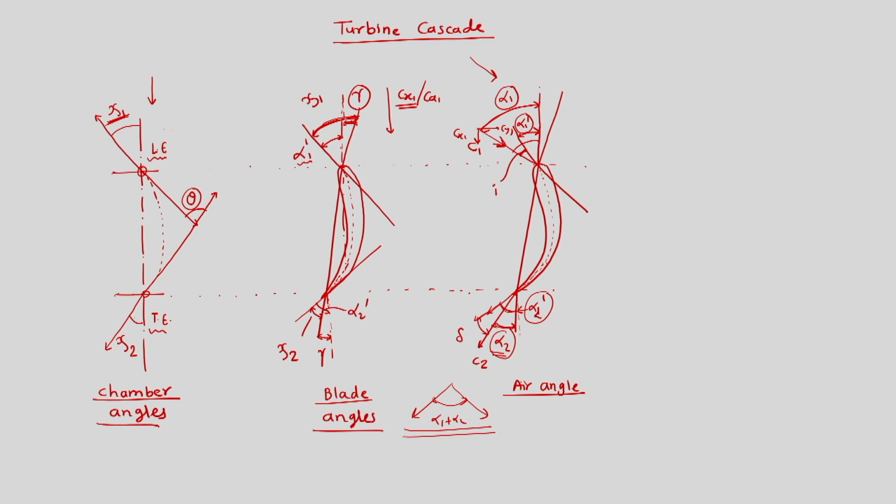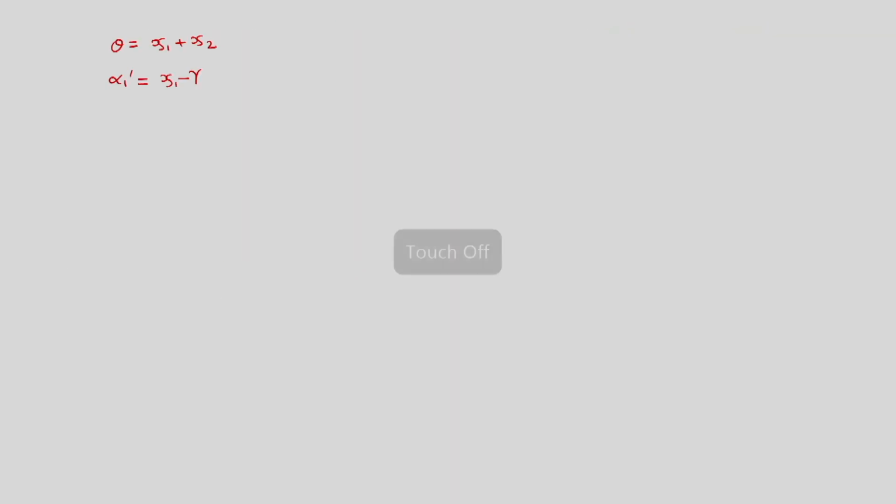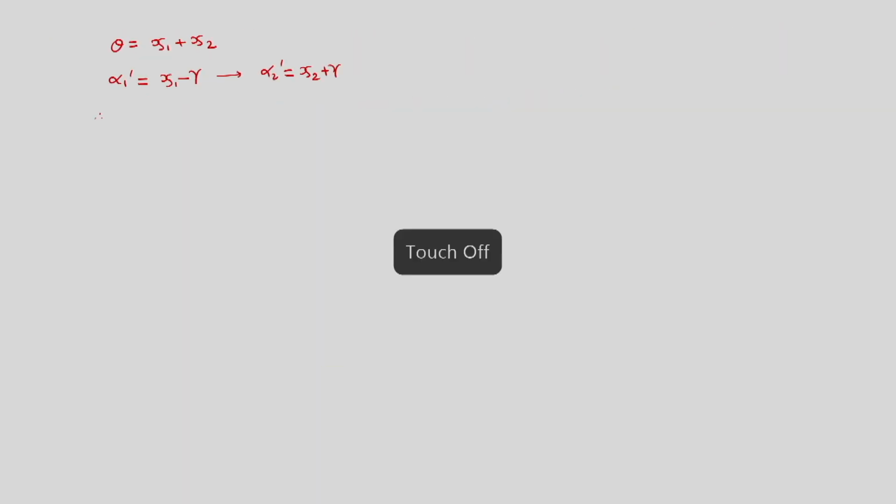So, we are writing alpha 1 dash is equal to chi 1 minus gamma. Similarly, alpha 2 dash is equal to chi 2 plus gamma. We can go to the outlet and see: this is chi 2, this small angle is gamma, and this is alpha 2 dash. So, alpha 2 dash is the summation of two angles.